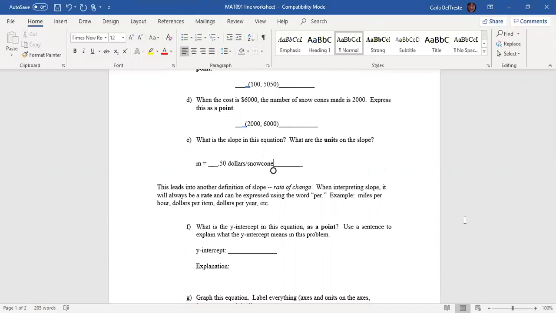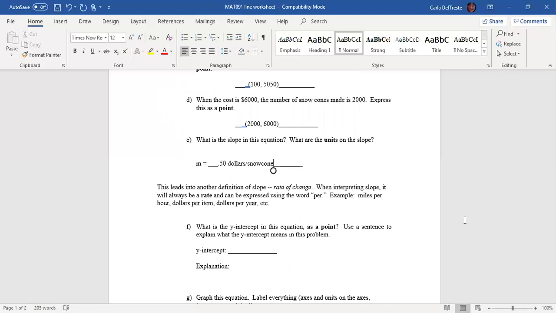This was described as 50 cents per snow cone. I also could have said that it costs 50 cents for every snow cone made, or for each snow cone made. All of those phrases indicate some sort of constant rate of change, which indicates a slope.